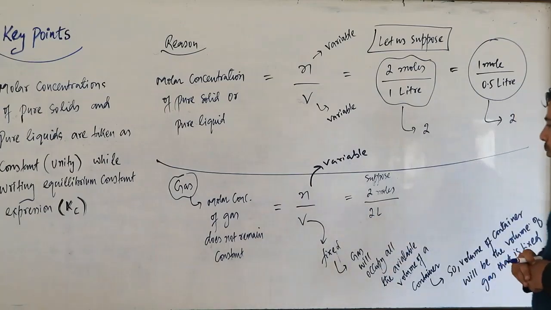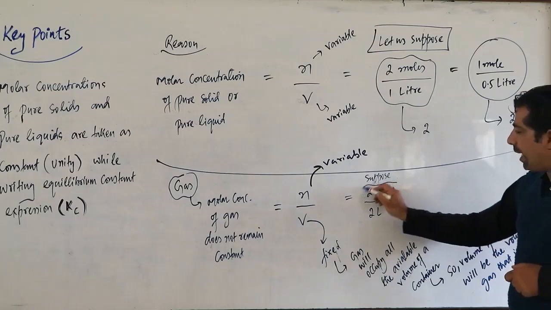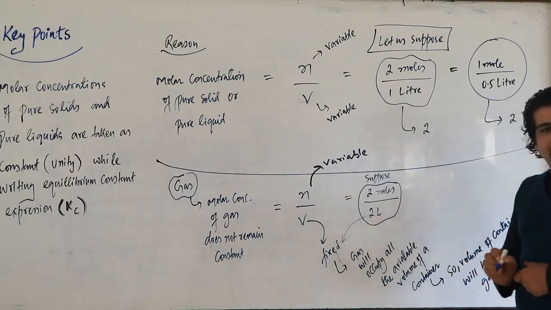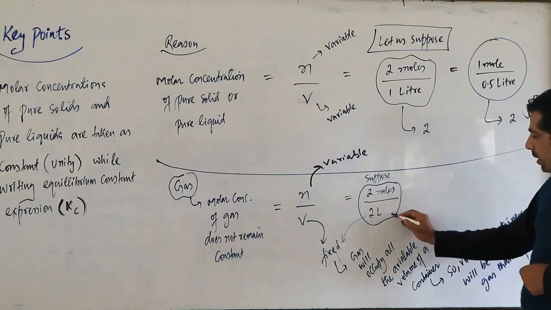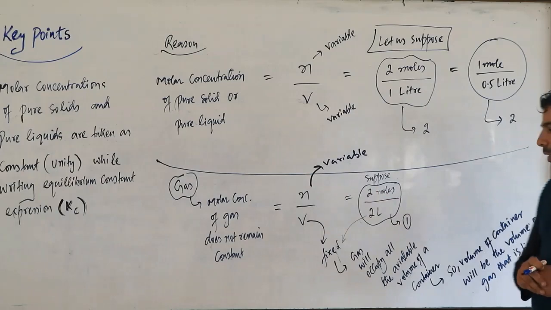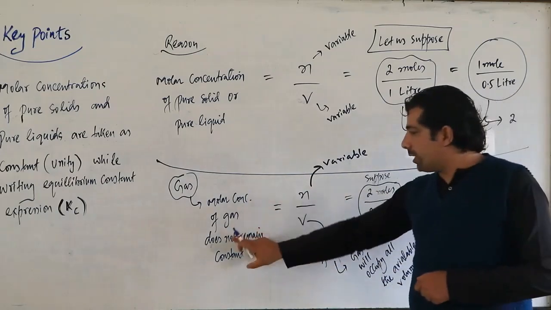What is the value of N by V here? You know that this 2 liters is a fixed value, correct? So 2 by 2 is 1. So this 1 is nothing but your molar concentration.